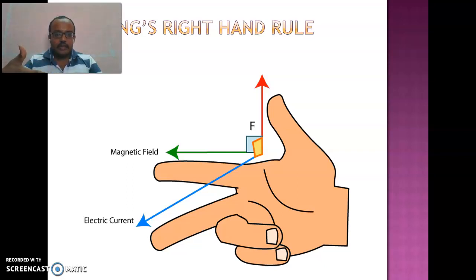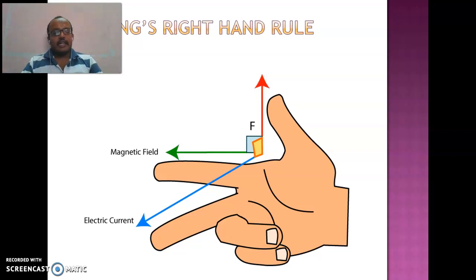The forefinger represents the magnetic field, the thumb indicates the direction of rotation of the conductor, and the middle finger gives the current, or the induced EMF.